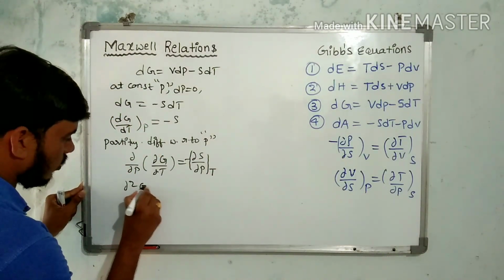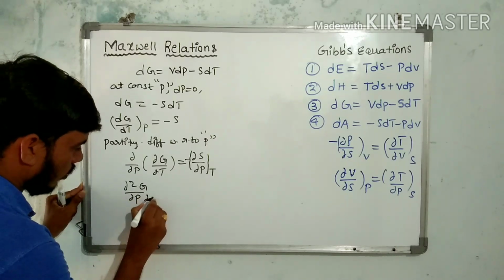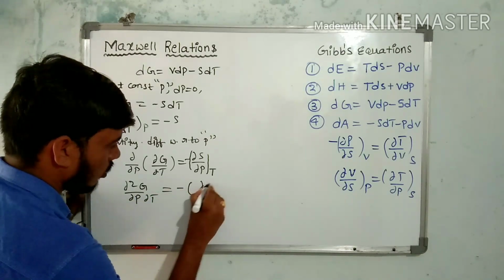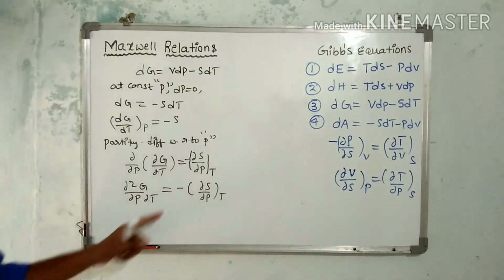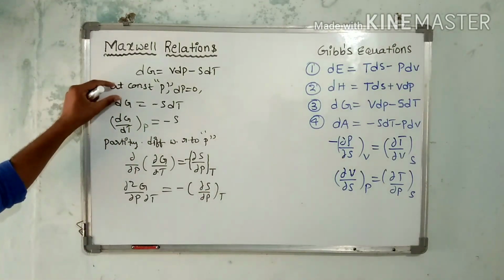Now ∂²G/∂P∂T is equal to minus ∂S/∂P with subscript T. This is the expression at constant pressure.